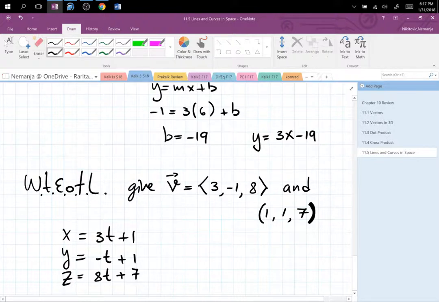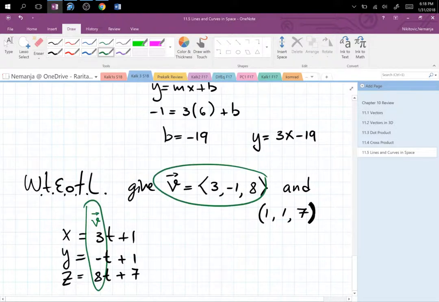Hello, column vectors, right? Do we all see that? So hopefully you all see vector v, and then the point 1, 1, 7.